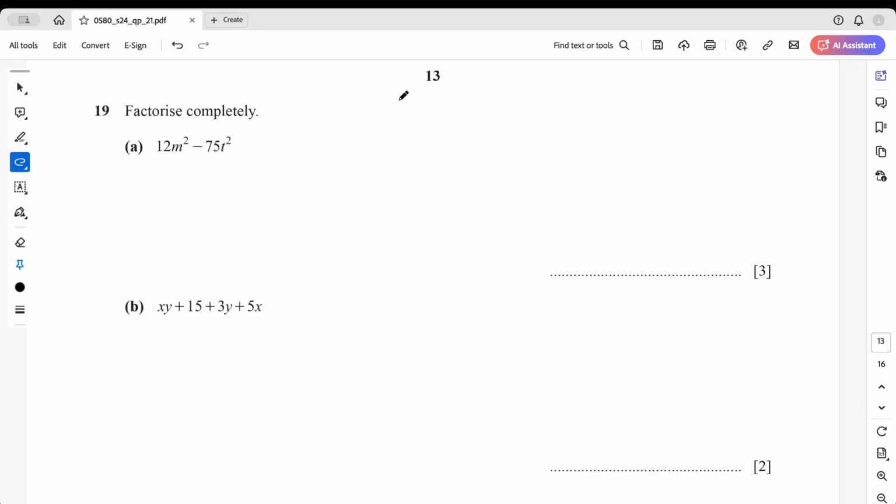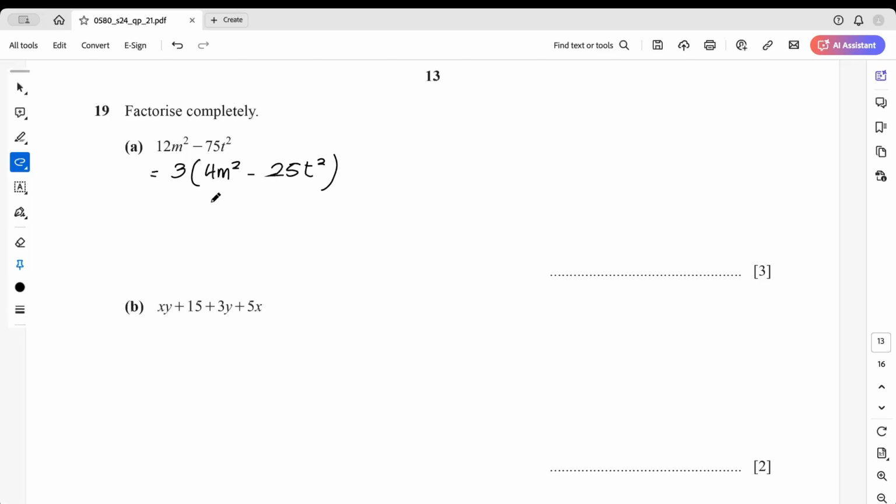Question number 19, factorize completely. Okay, so first of all, let's take out any common factors we see. Between 12 and 75, I see the common factor 3. So taking out a 3, I get 4m squared inside minus 25t squared.